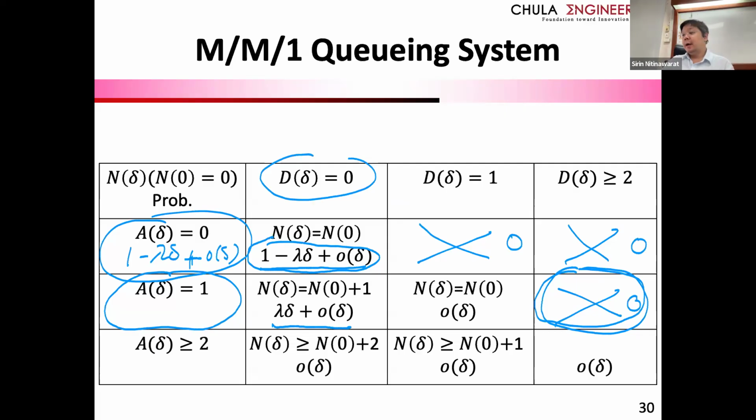Earlier with a non-empty system, remember, this comes with probability 1 minus lambda delta minus mu delta. But here with the empty system, where there can be no extra departure from the number of customers already in the system, this will change to 1 minus lambda delta.